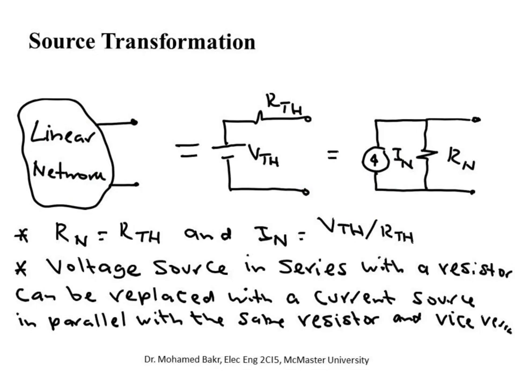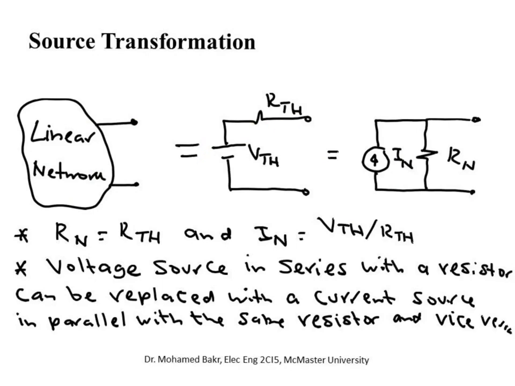And we did show an expression for that in the previous lectures. For example, the open circuit voltage here is V Thevenin, while the open circuit voltage here is I Norton R Norton. So this means that if I know I Norton and R Norton, I know V Thevenin.